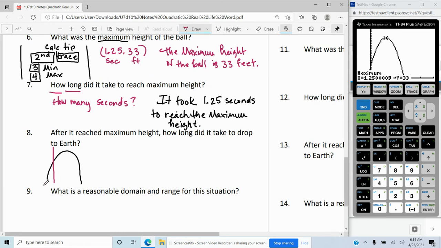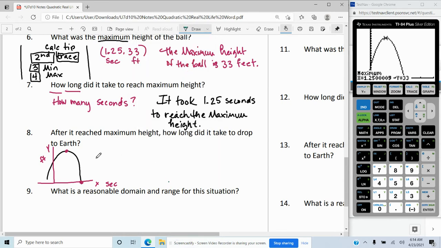And then it looked like this, right? And we got Y, which was all about feet. And then we had X, and that's all about seconds. And we had our little maximum value here, okay? And then we had where it hit the earth, yes?